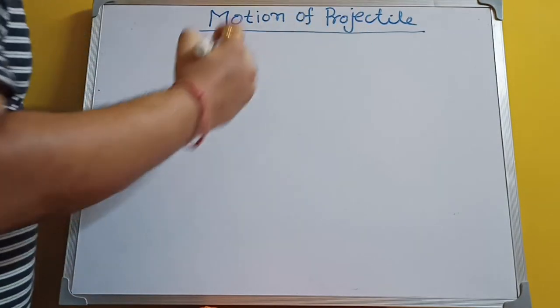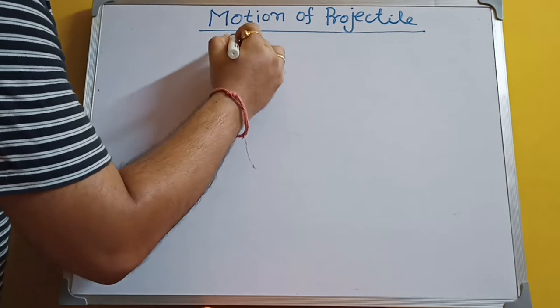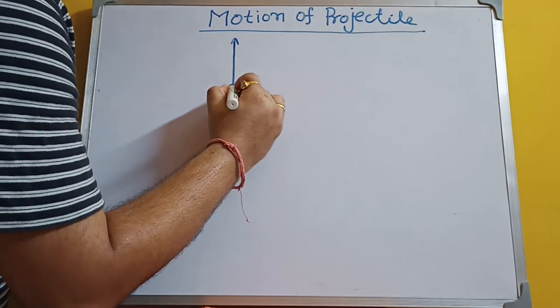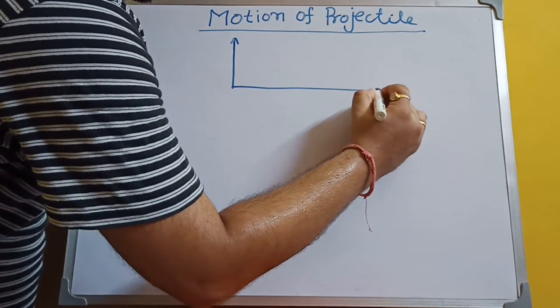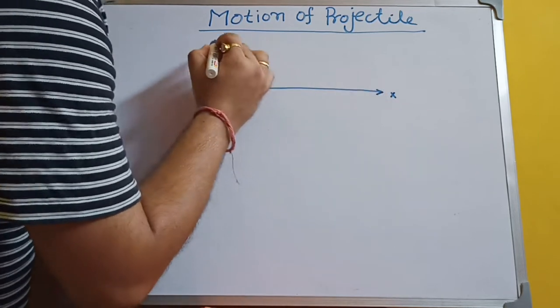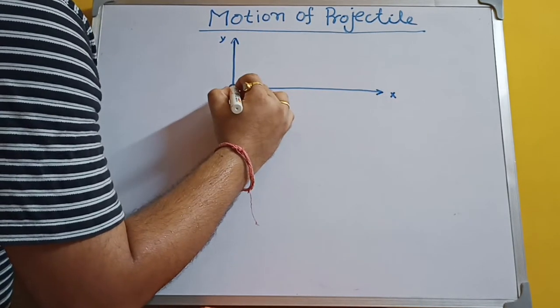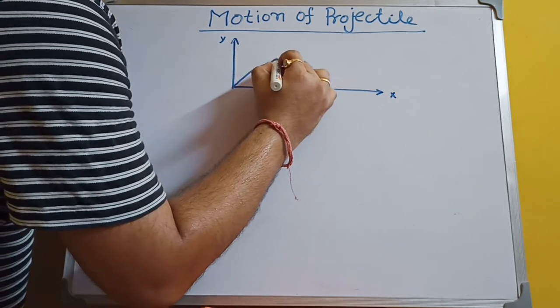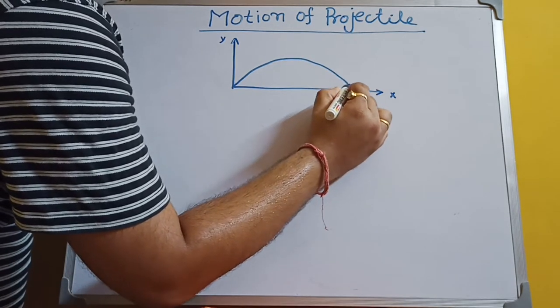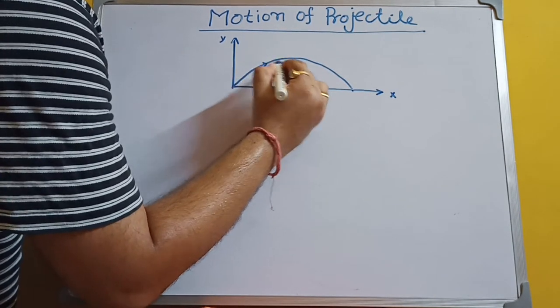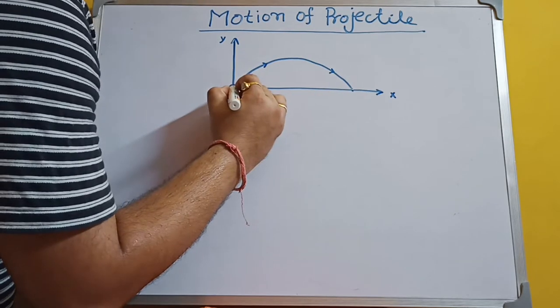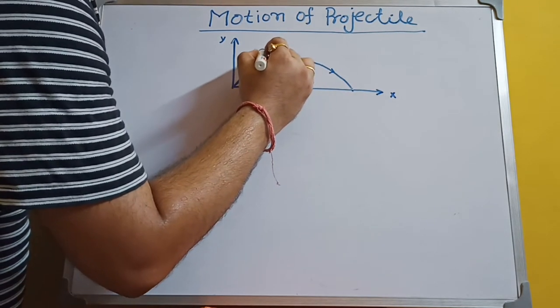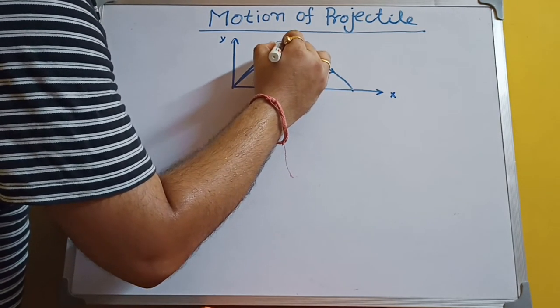Motion of projectile. There is x-axis, y-axis. This is the motion of the body. This is the initial velocity u.